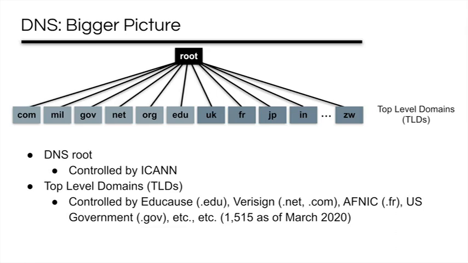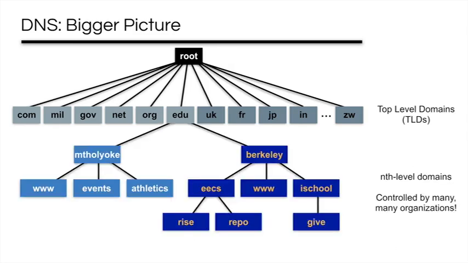VeriSign controls .net and .com. There are country code ones for all the countries, controlled by some organization that's part of that country, and so on. There are about 1,500 top-level domains today. And below that, we have all the other domains, which are controlled by many, many different organizations.